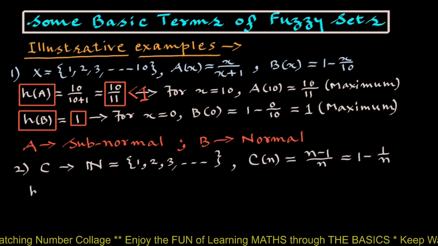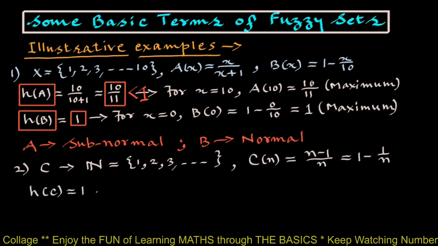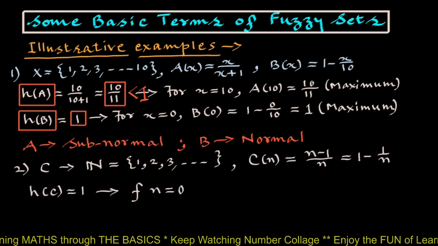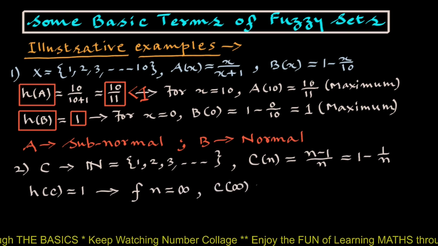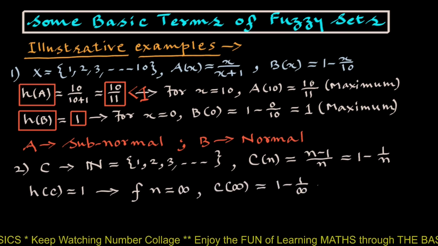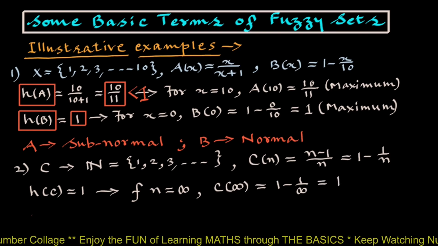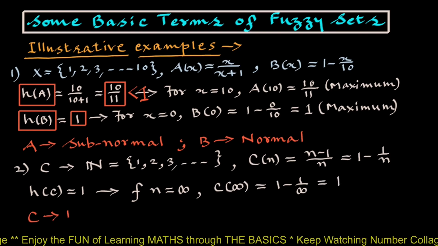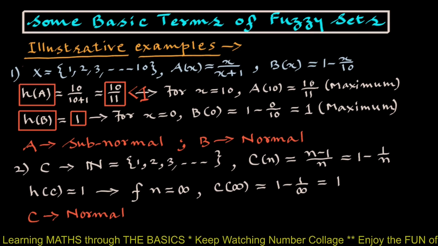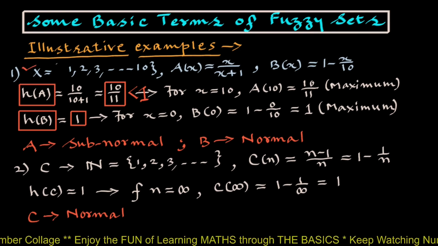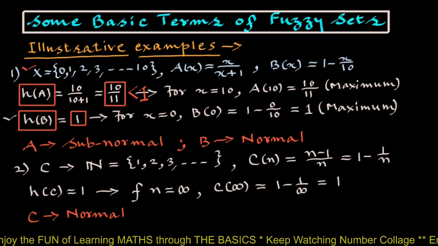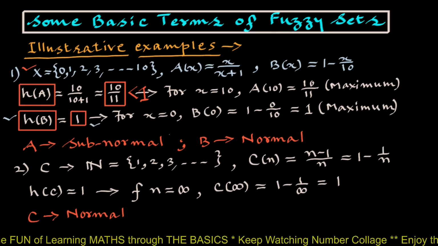Its height h of C is 1 because for n equals infinity, C of infinity will be 1 minus 1 upon infinity, 1. Hence, C is normal. There is one correction. This set X starts with 0 and hence height of B equals 1 is justified.